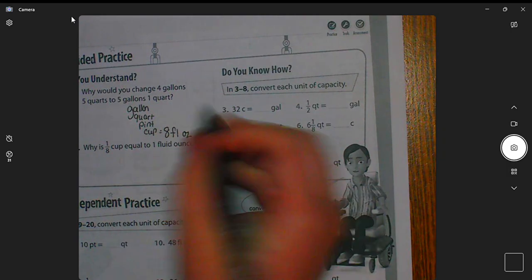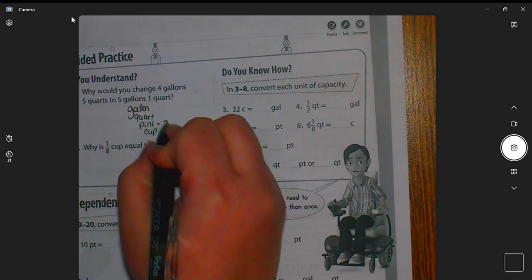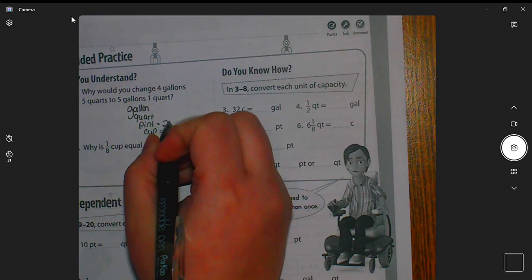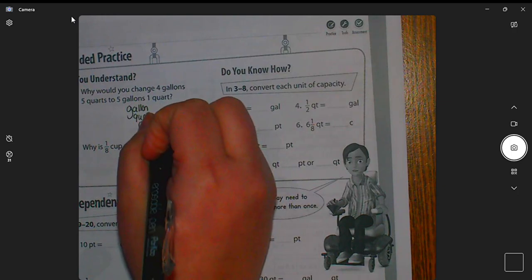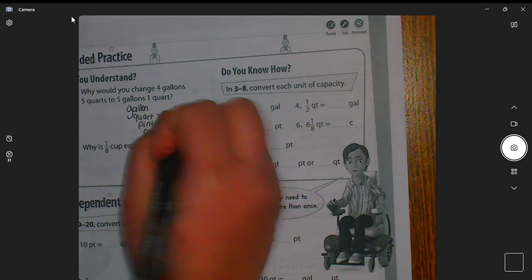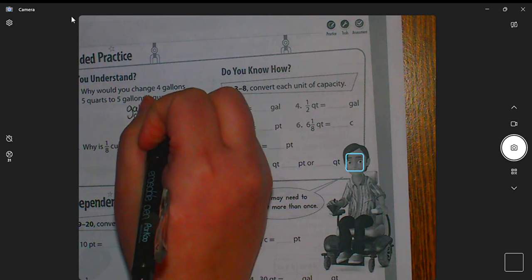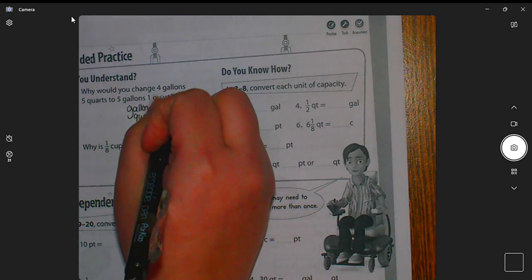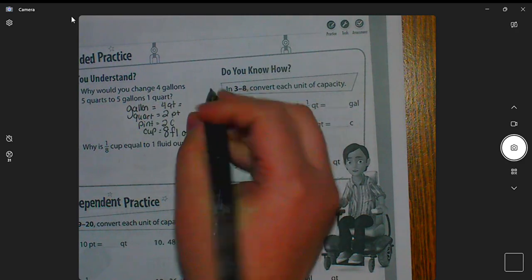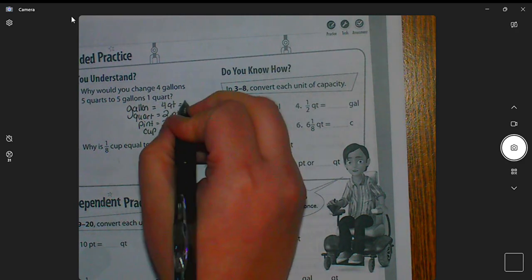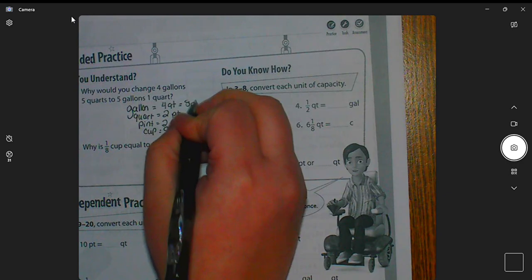A pint equals 2 cups. A quart equals 2 pints. And a gallon equals 4 quarts, or 8 pints, or 16 cups.